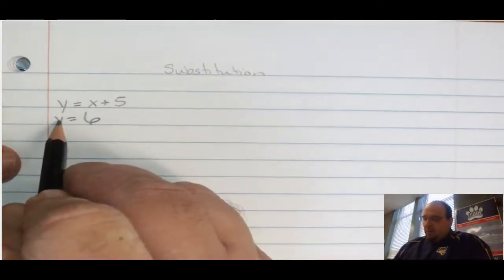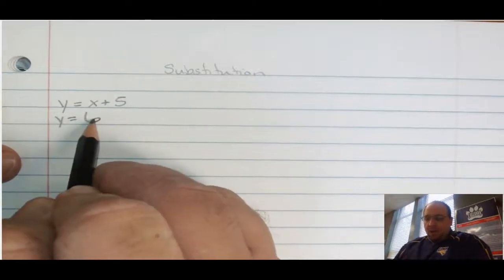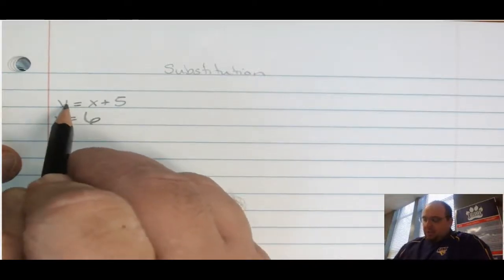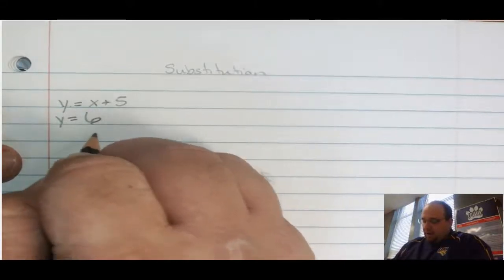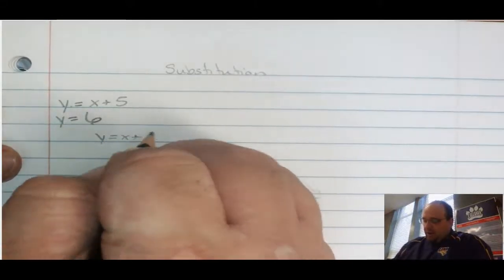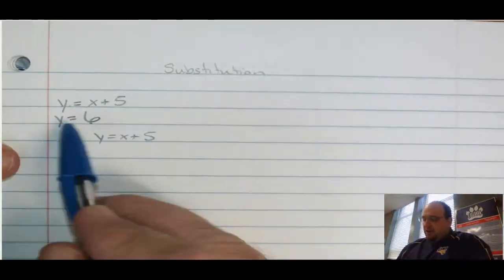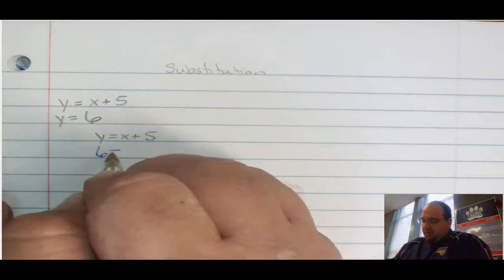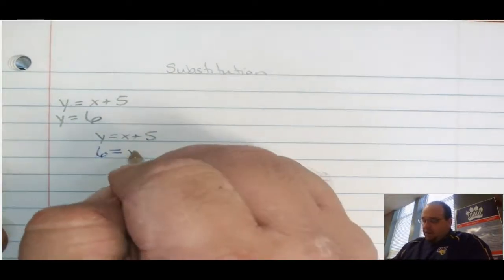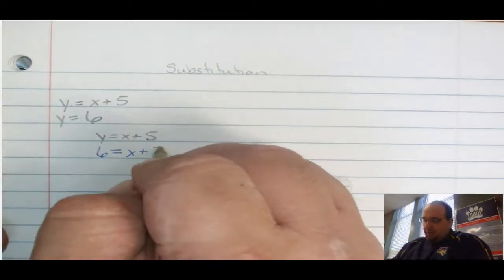I'm going to take y equals 6, and because I know that y equals 6, I'm going to substitute it into this equation. So I'm going to use y equals x plus 5. And because I know that y is equal to 6, I'm going to put a 6 in place of that y. And I'm just going to put 6 equals x plus 5.